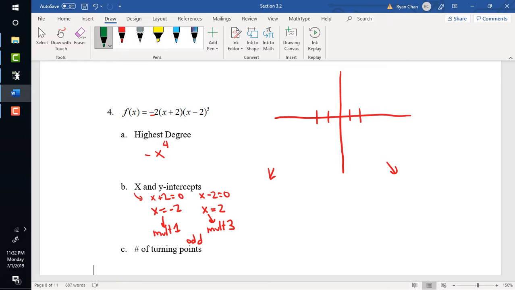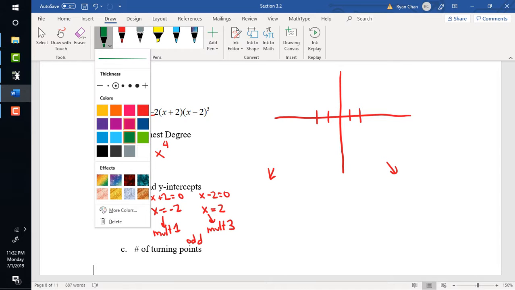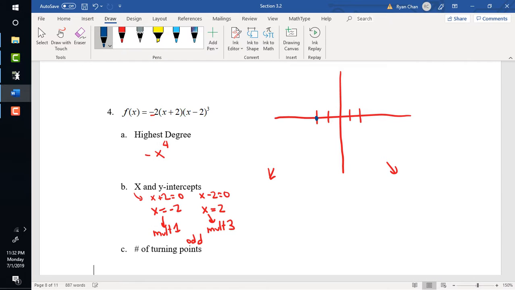Now, if you look at my end behavior here, I have no idea what's going to happen in between, but I do know they're both going to cross. So the one on the left is going to go from bottom up, and the other one's going to go top to bottom. How many turning points should I have?